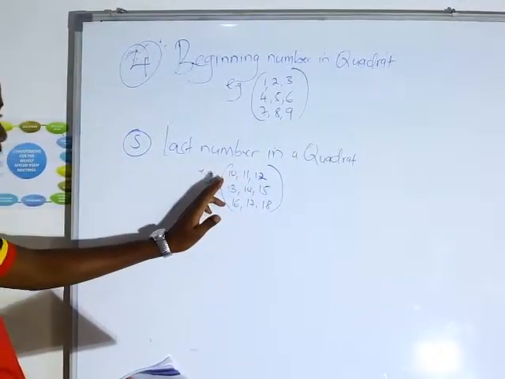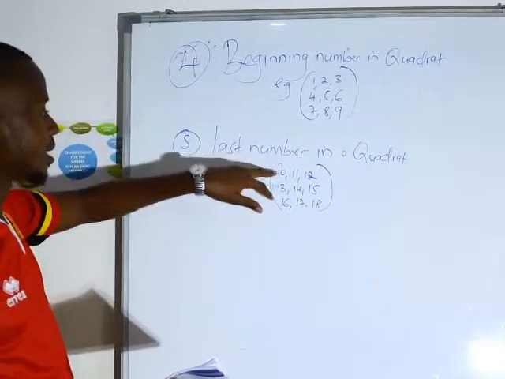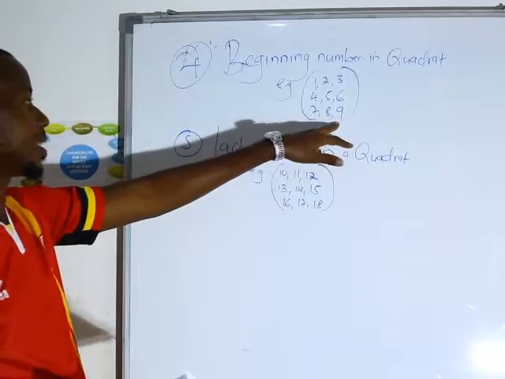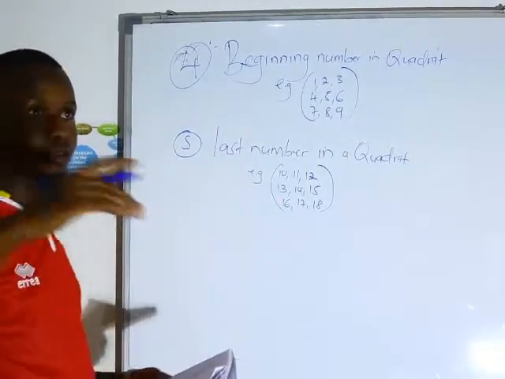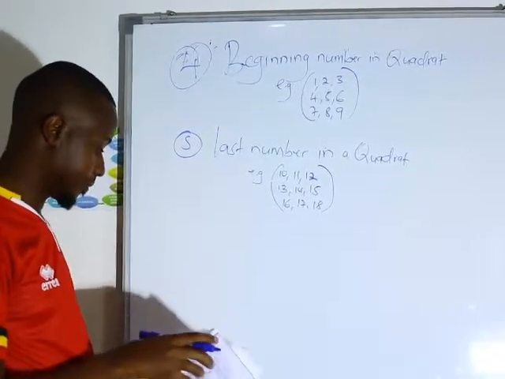So the last number here is 18, and the beginning number is 10. In the first quadrant the last number is 9, and it goes on throughout all quadrants, as we have mentioned previously.